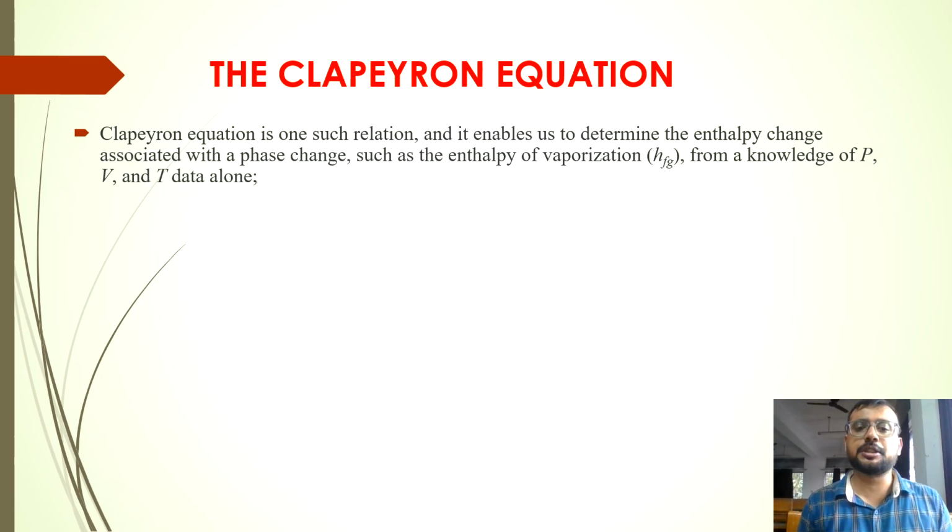The Clapeyron equation is one such relation, and it enables us to determine the enthalpy change associated with a phase change, such as the enthalpy of vaporization, from knowledge of P, V and T data alone.